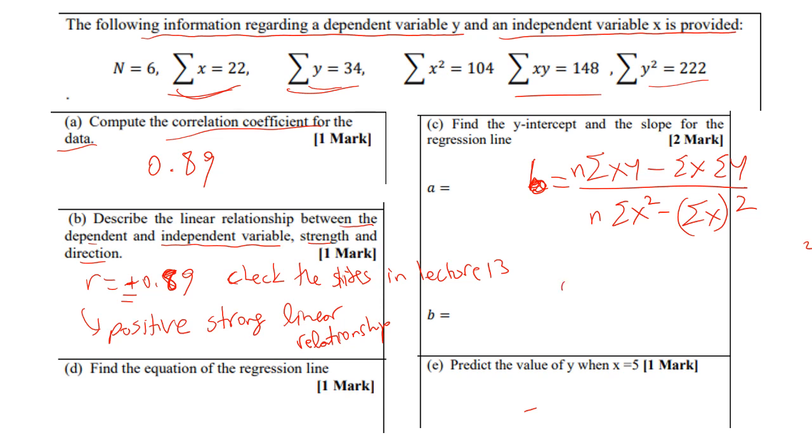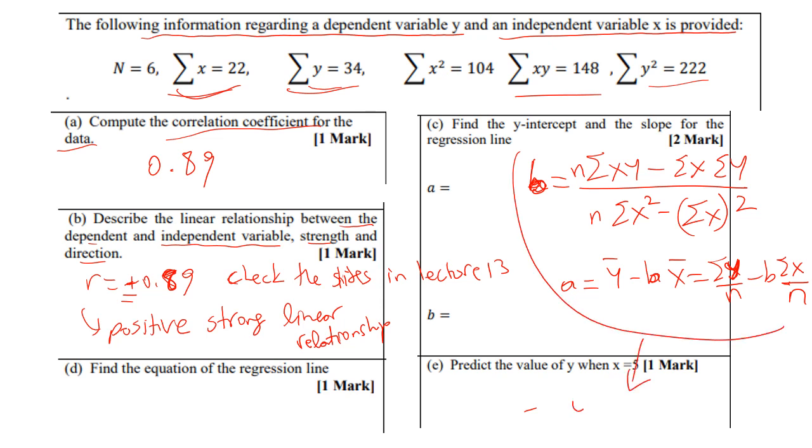And A will be Y bar minus B times X bar. Sorry, it's B, which is, this is the sum of Y divided by N minus B times the sum of X, not squared, divided by N here. Now, these will also be given to you in the exam.